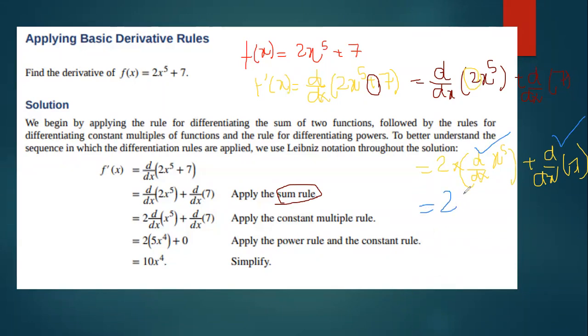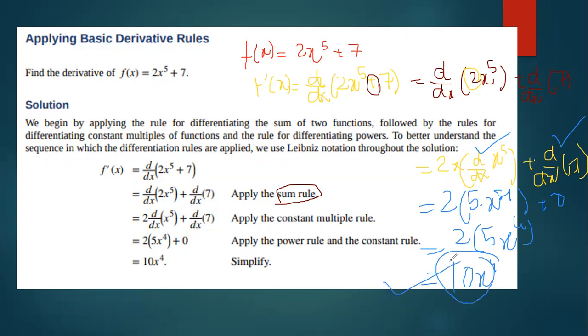So it will be 2 into 5 x^(5-1), plus 0. So it will be 2 times 5 x^4, which equals 10x^4. This is the answer for the derivative function.